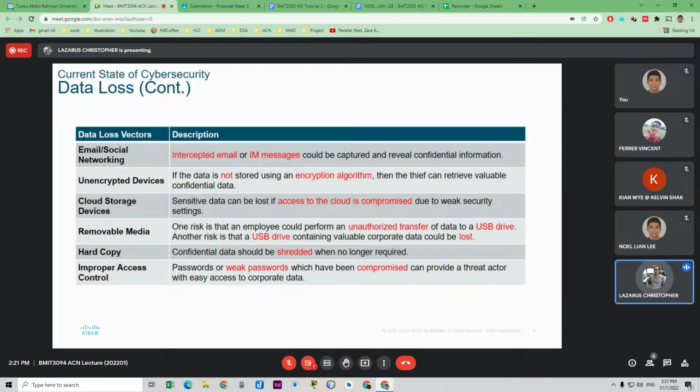Removable media, because it's portable, it's removable, it's easy to lose, right? Easy to lose, or easy to bring in, copy something, and bring out again. It's portable, right? Hard copy is the traditional one, right? You always see this, even in Hollywood movies.